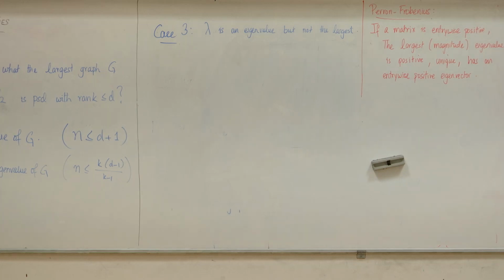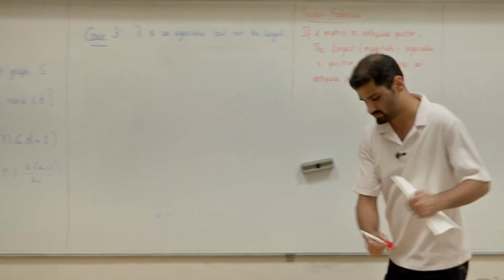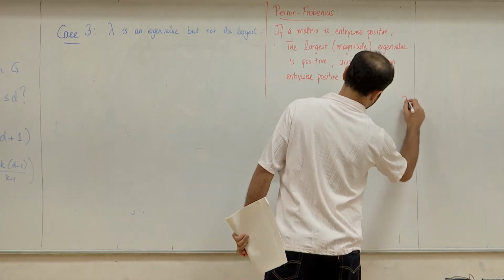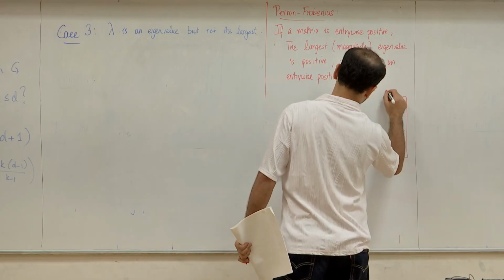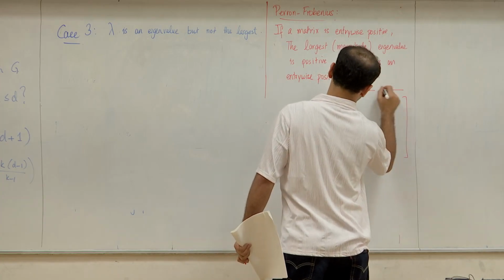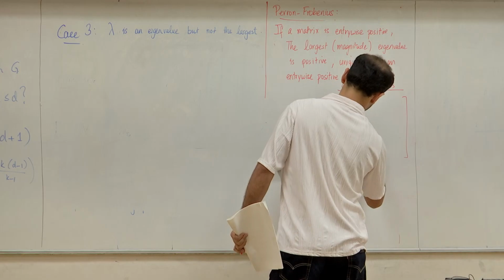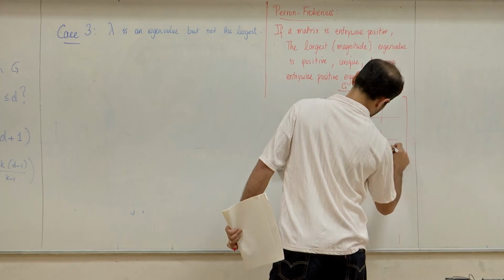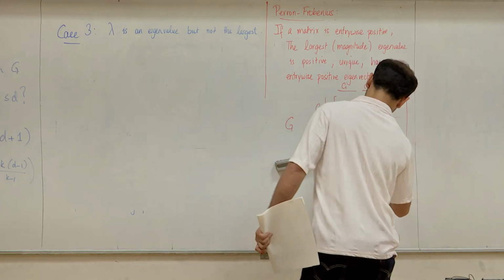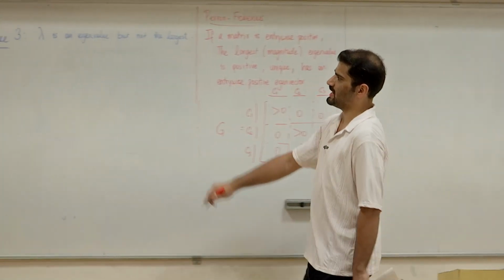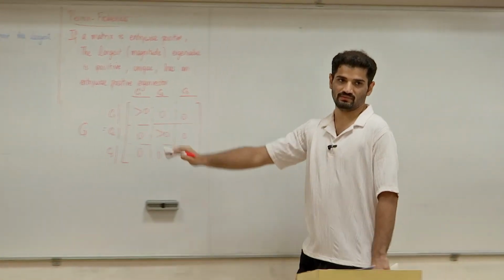Okay, so this is the only case that is left, and let me also draw that thing from before. So G to the some power is equal to... okay. So now we're in this case where I know lambda is an eigenvalue and it's not the largest one.